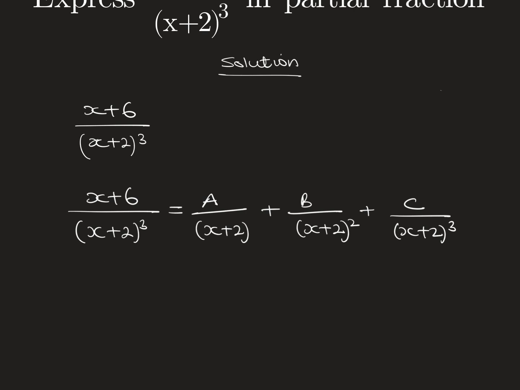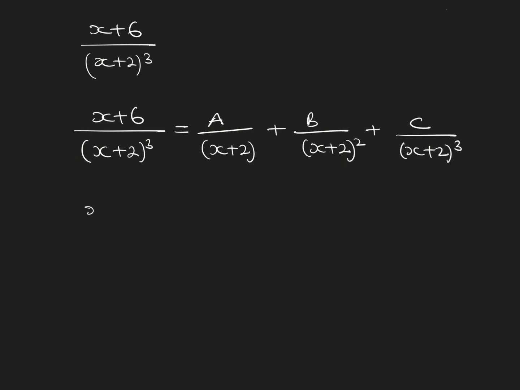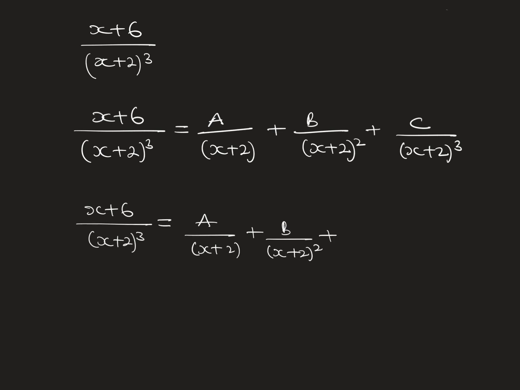All right? Then we have (x + 6)/(x + 2)^3 equal to A/(x + 2) plus B/(x + 2)^2 plus C/(x + 2)^3. Then what do we need to do with this?